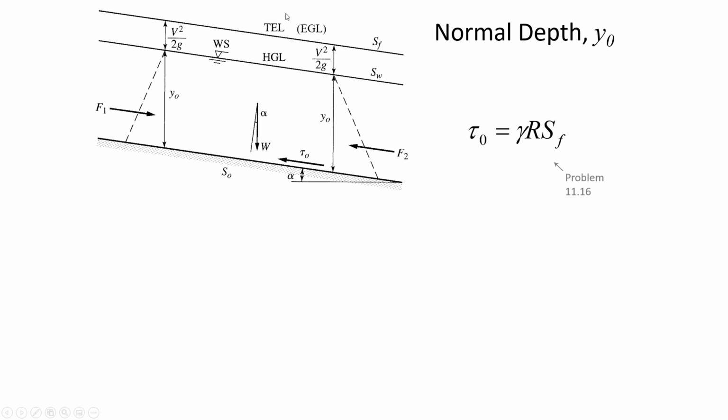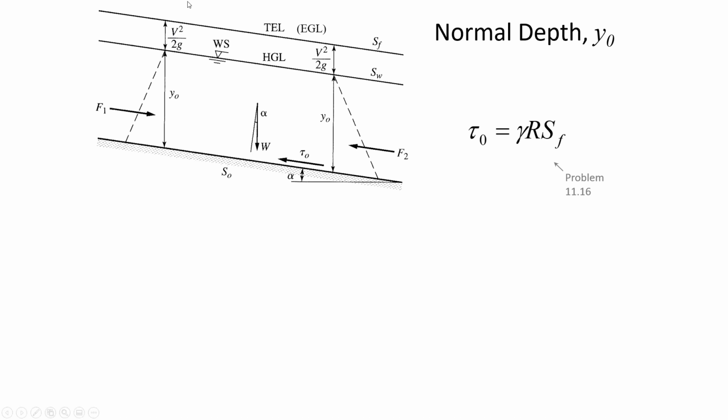Here it's abbreviated TEL to mean total energy line, and that's how our textbook this semester describes it. Last semester, our textbook would call that the energy grade line, EGL. But basically, it is some imaginary line that's above the water surface by a distance equal to the velocity head, v squared divided by 2g.